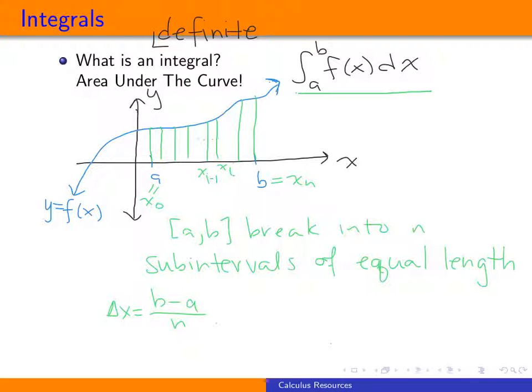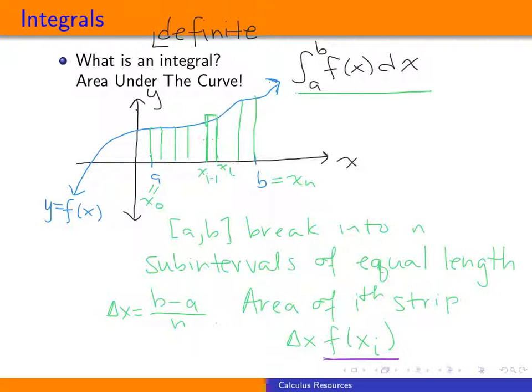Now each strip we want to approximate using some sort of rectangle. We could use where the right endpoint hits the curve as my height, and I would have this rectangle right here. So the area of the ith strip using right endpoints would be delta x times f of x sub i. That f of x sub i is the height, right?